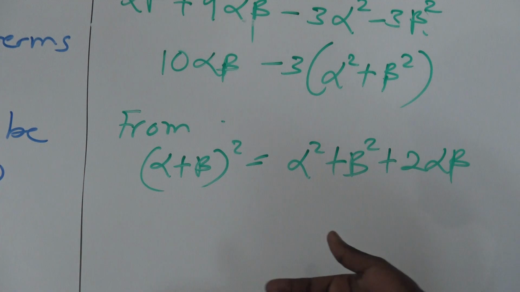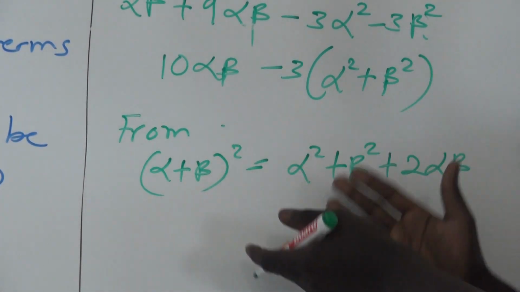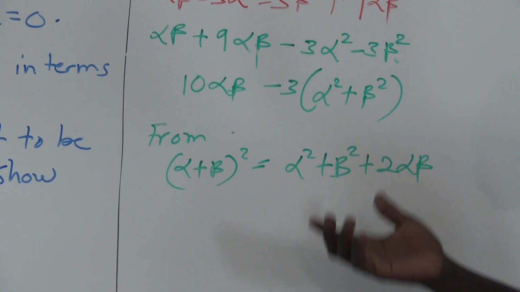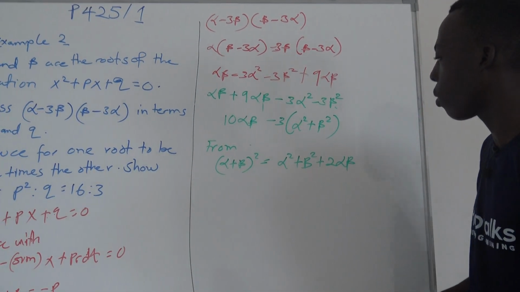We don't leave it like this, because we need to create something we can substitute, in the form of alpha plus beta and alpha beta.